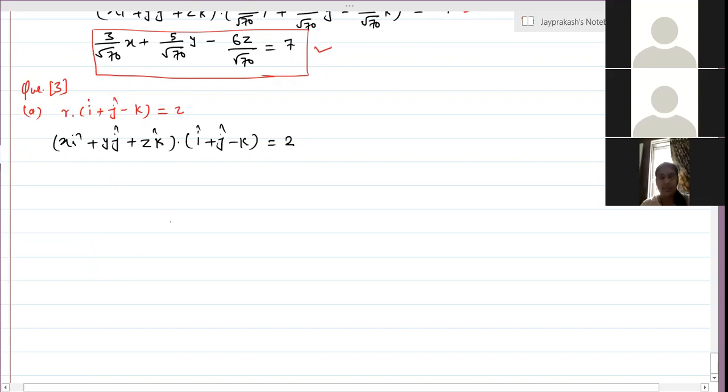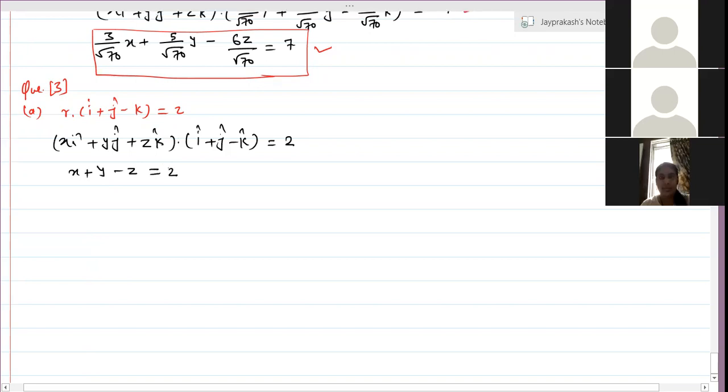So when you multiply it, all the i, j, k will be eliminated. So it becomes x plus y and z into minus, so minus z equals 2.